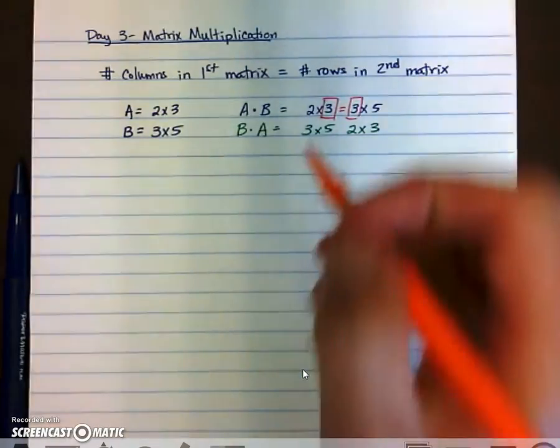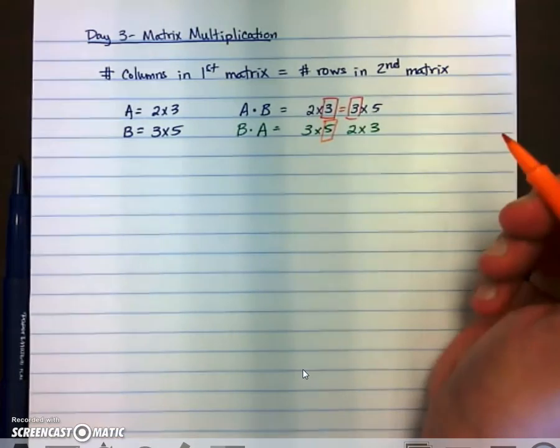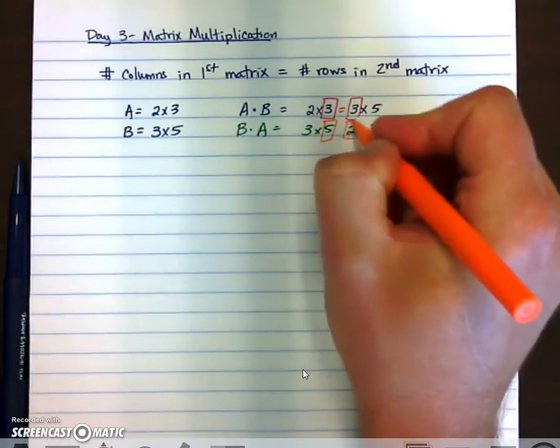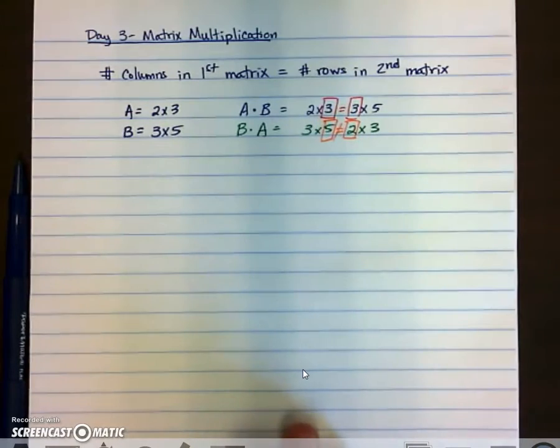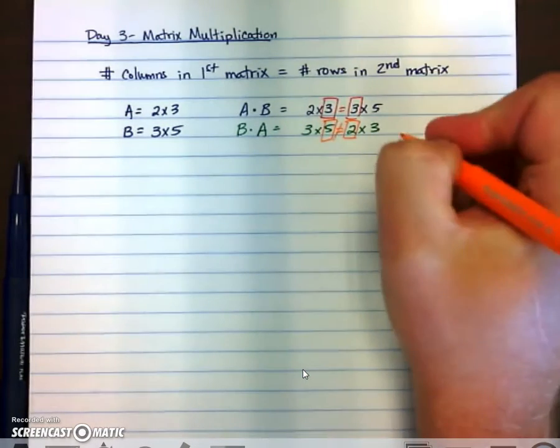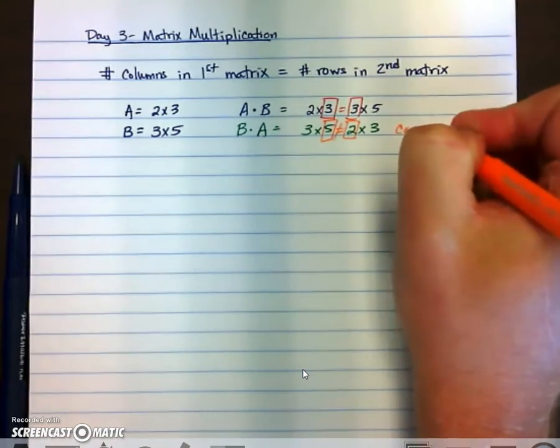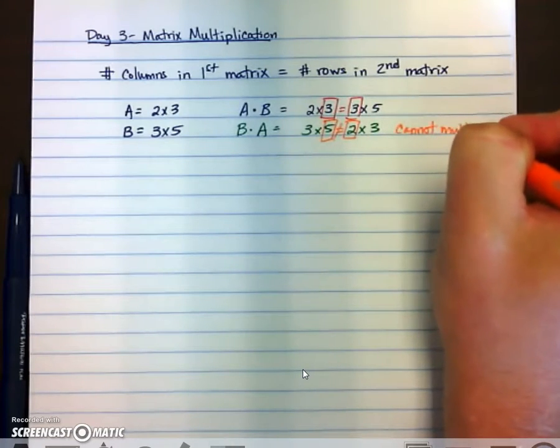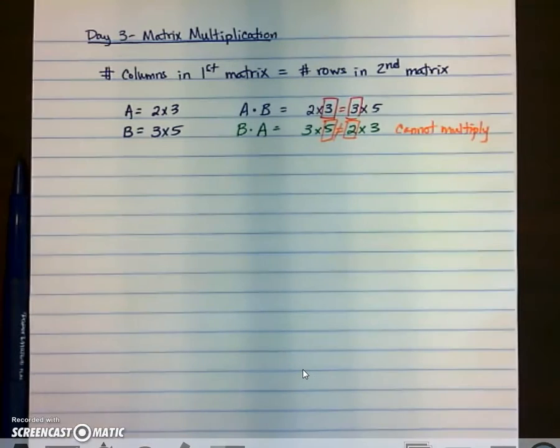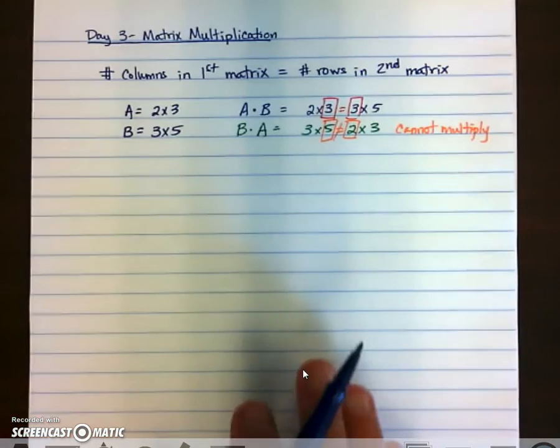So now if we look at this, the columns in the first matrix do not equal the rows in the second matrix. So you cannot multiply these. All right? So the first thing you have to check is if you can actually multiply them.